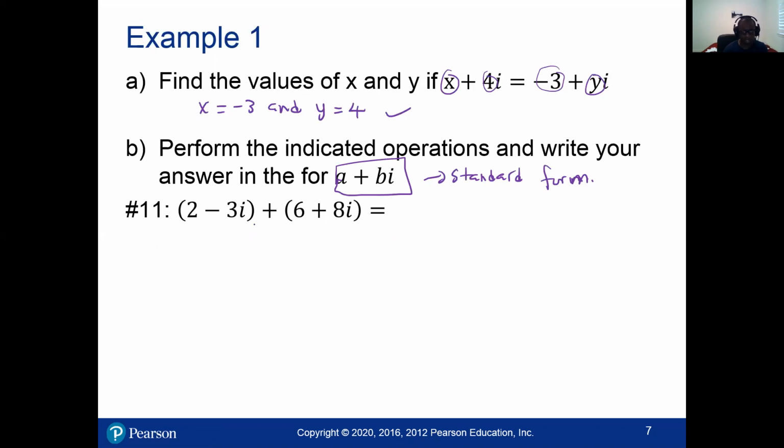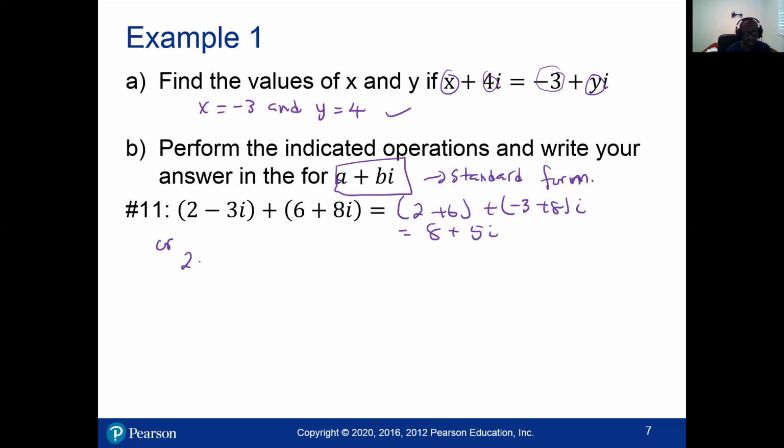Well, first, because it's plus, and it doesn't affect anything, this is basically 2 plus 6, then plus -3 plus 8i. And that gives us 8 plus 5i. Or we could remove the parentheses and combine like terms, just like I mentioned.